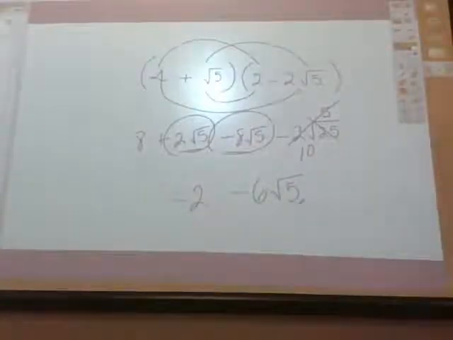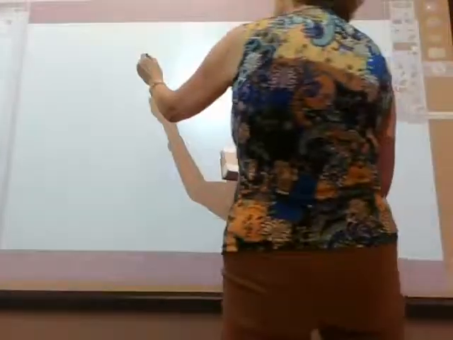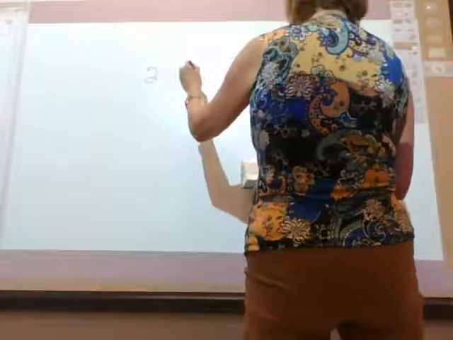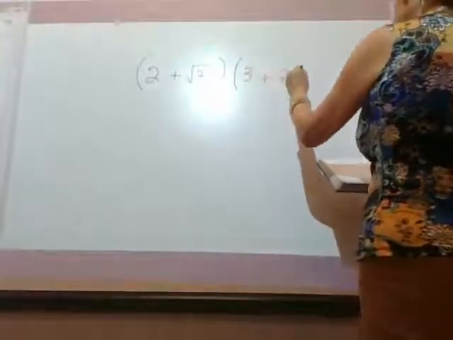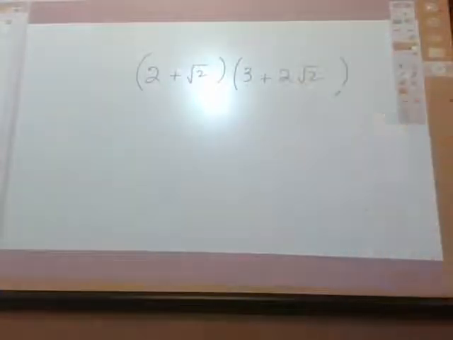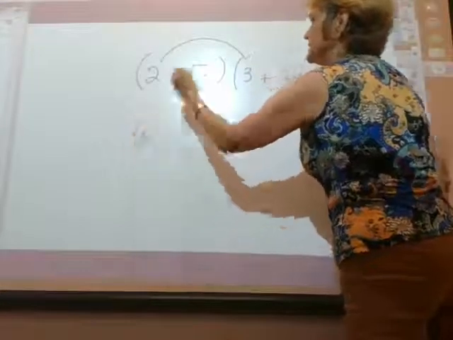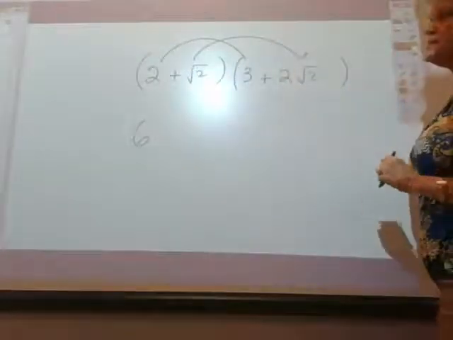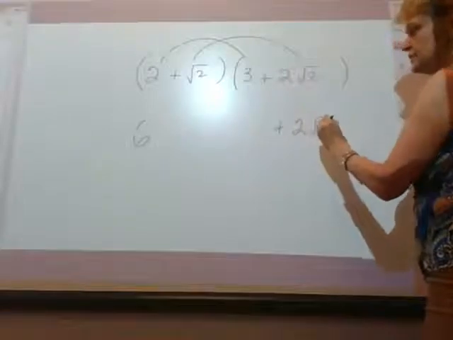All right, let's do another one. Got 2 plus square root of 2, 3 plus 2 square root of 2. All right. 2 times 3 is 6. Radical 2 times 2 radical 2 would be 2 radical 4.